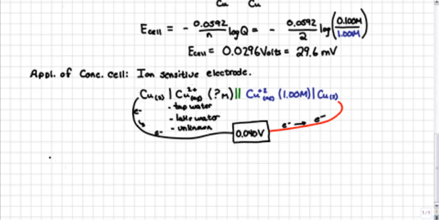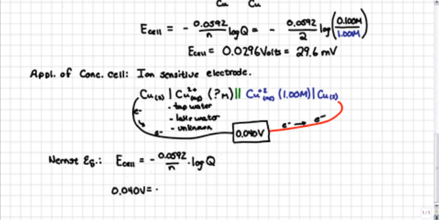So we turn to the Nernst equation. And the Nernst equation, recall, for concentration cells is quite a bit simpler than what we've seen. The cell potential is equal to a negative 0.0592 divided by n times the log of Q. Now, we know that in this case, the cell potential is actually 0.040 volts.